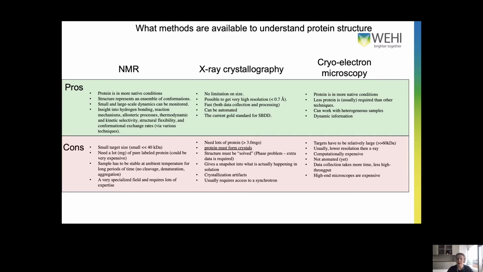The other potential drawback is that this technique is very computationally expensive, and there's no automation. It takes a lot of time to collect and process the data to get the structure you want. So far, it has not been used in a high throughput manner, and high throughput microscopes are expensive.